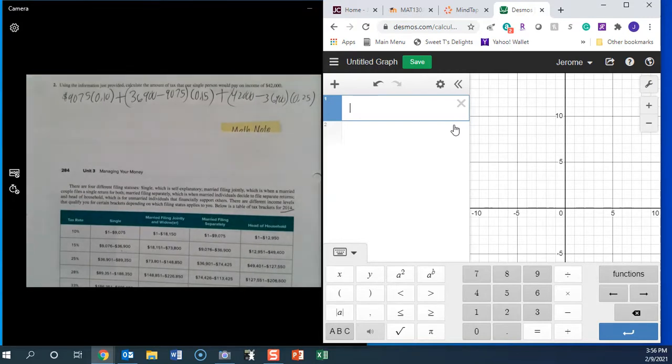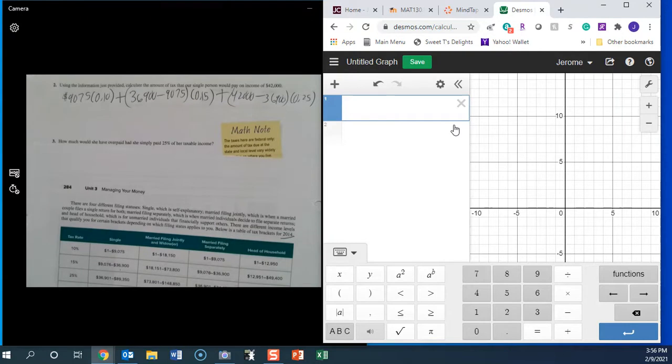So basically, this is what we need to put in. So let me type this in real quick. So we have 9,075 times 0.10 plus 36,900 minus 9,075.